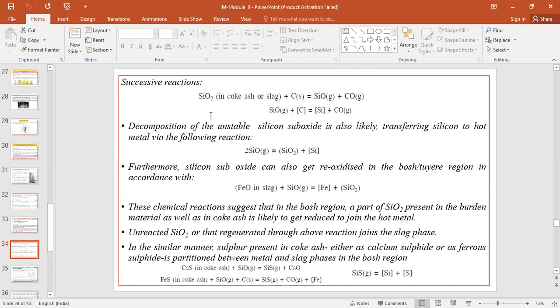So the SiO2 in the coke ash or slag will react with solid carbon and form SiO gas. And this SiO gas is not stable, and it will react with carbon and form Si plus CO. So in this way, the silicon basically transfers into your hot metal.